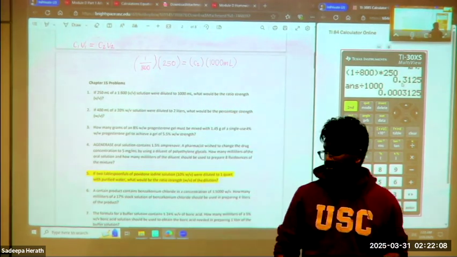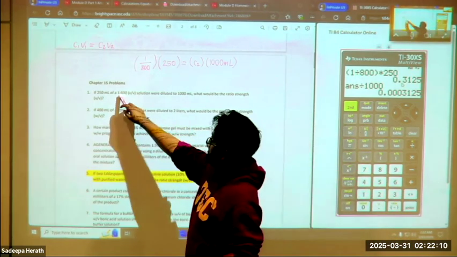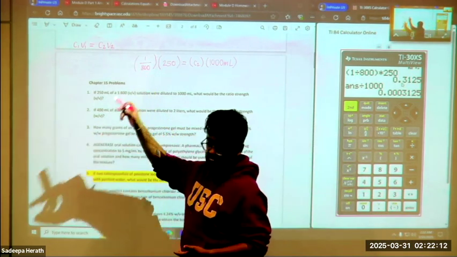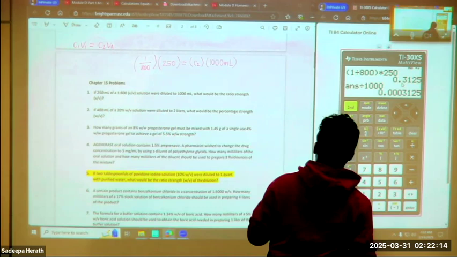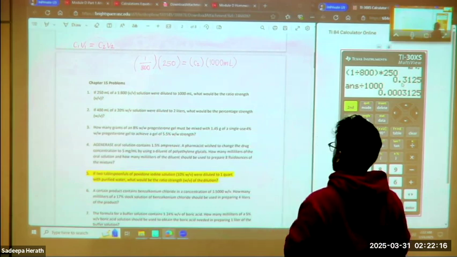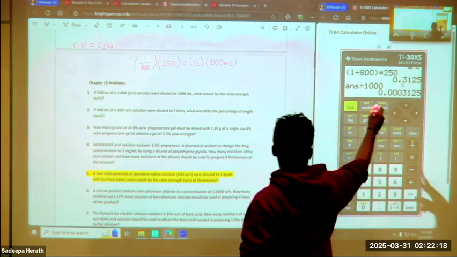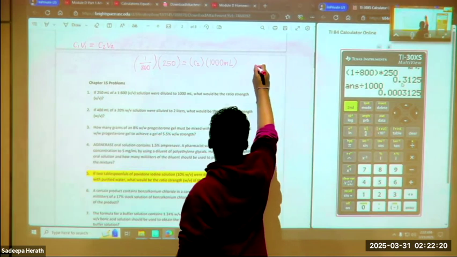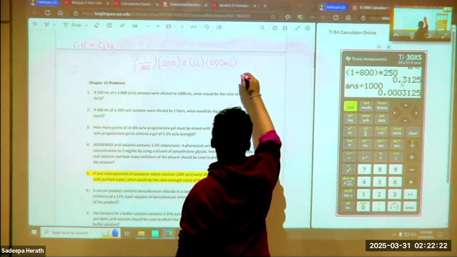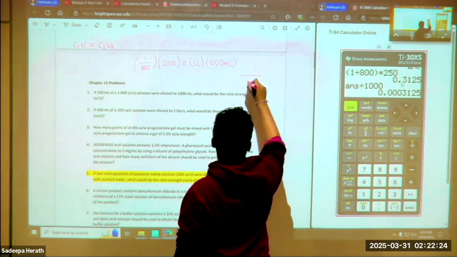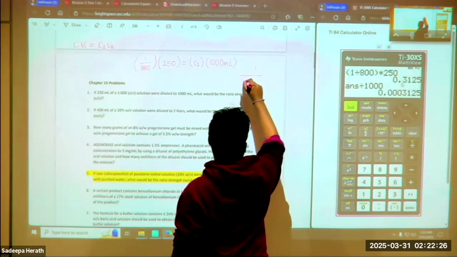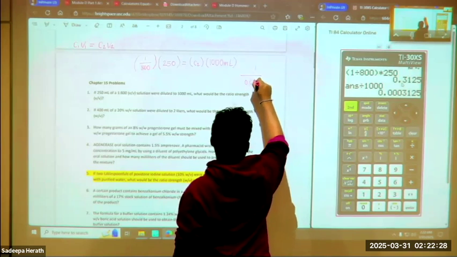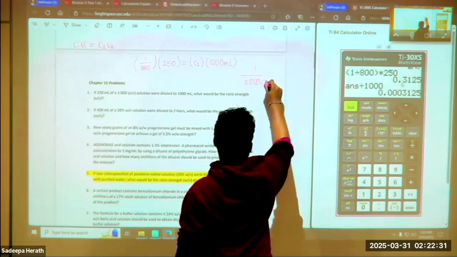So that's basically looking at something like this, same thing. So how do we go about that? We just divide that, so under 1. So 1 over 0.000325.